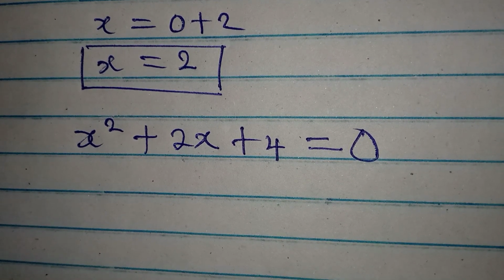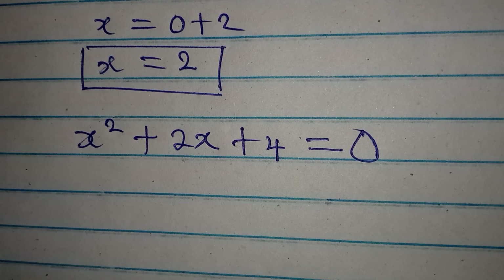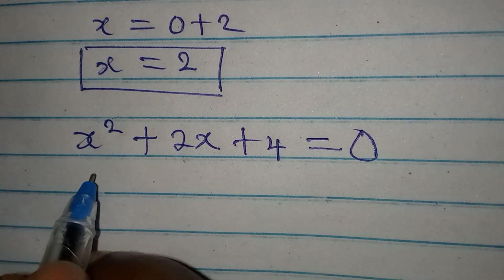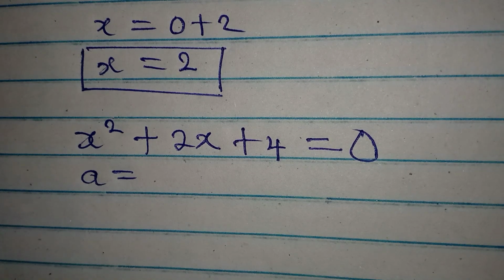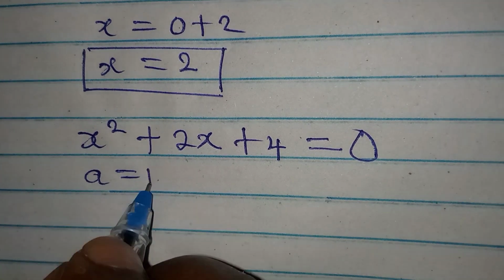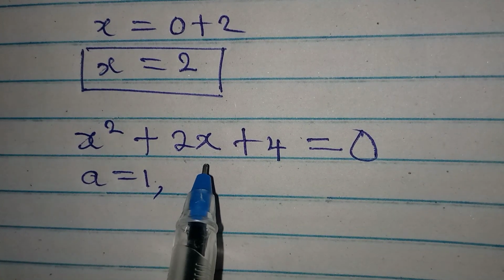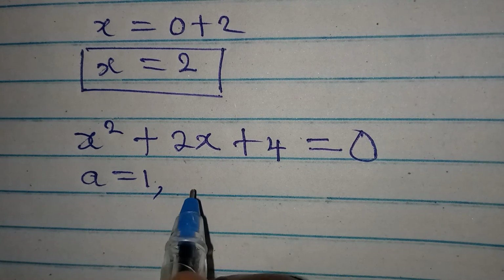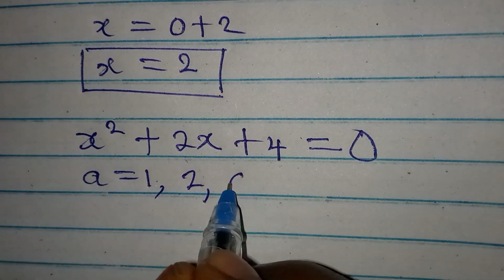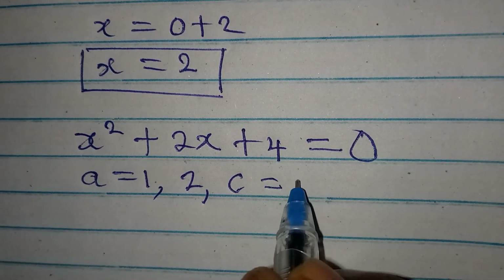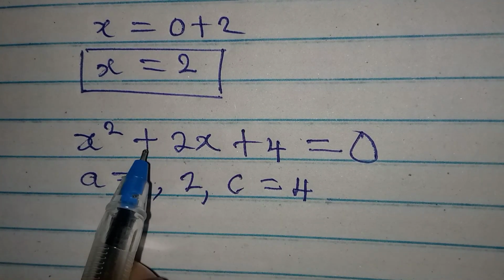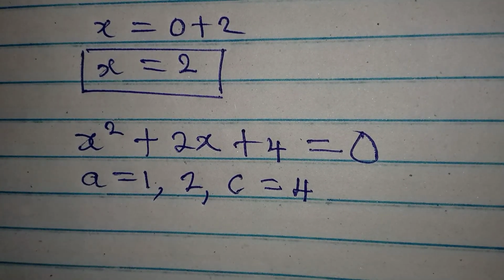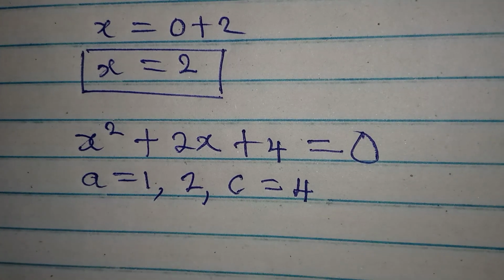And what is the formula again? Or before then, we have a, b, c in the formula. Our a is the coefficient of x squared, which is 1. Our b is the coefficient of x, and that is 2. And our c is a constant over here, which is 4. Remember, whatever sign comes with the coefficient, you must pick it. So all of them are positive now.